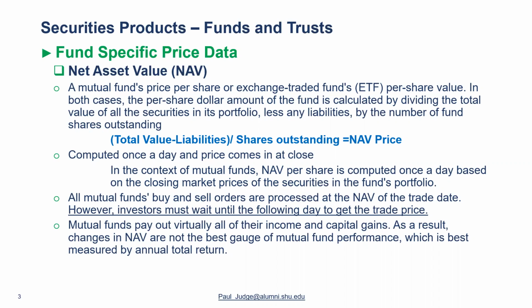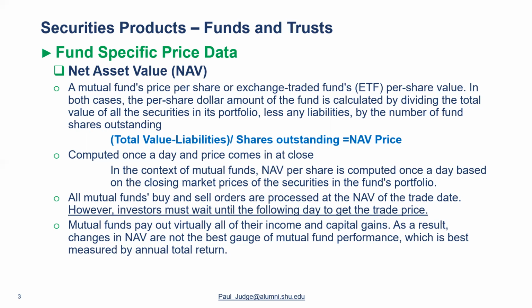So if you have a fund that has 10 different stocks and 10 different bonds, at the end of the day when the markets close, they look at the price of those stocks, the price of those bonds, and the price of any other assets, whatever the price at the close of the market day is for the assets held in that fund. They calculate that amount, divided by the number of shares held, and account for any liabilities.